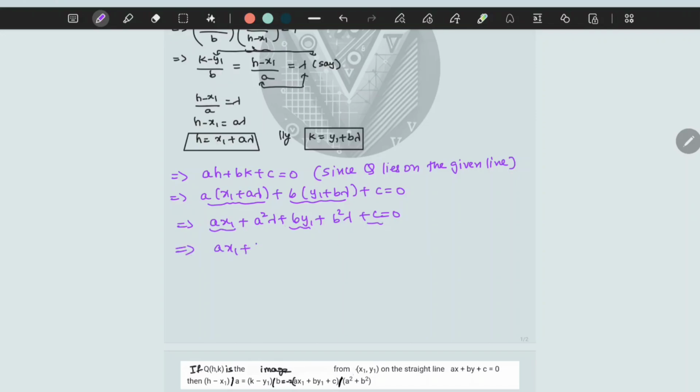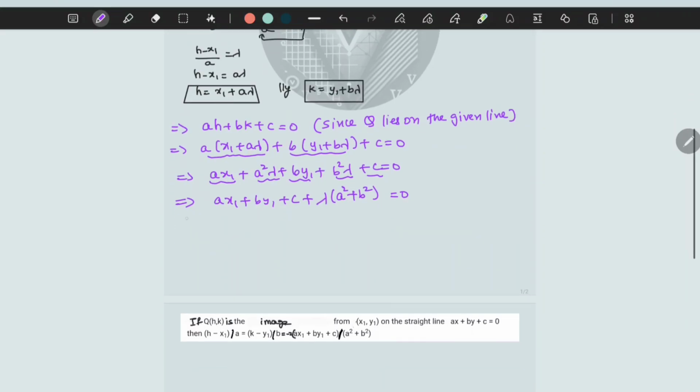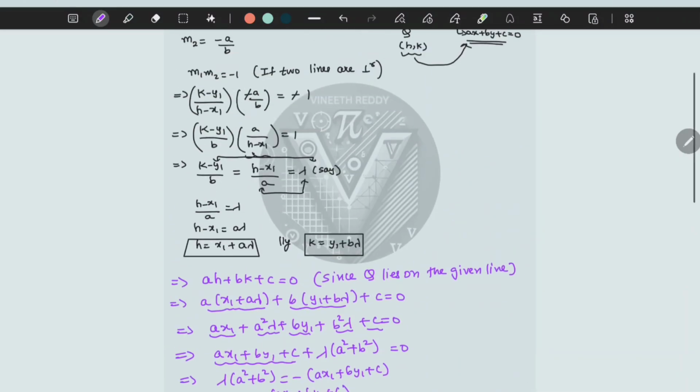We get ax1 + by1 + c, and from the remaining terms, if I take lambda common, I get lambda times (a² + b²) = 0. Now let us send this term to the right hand side. So we get lambda(a² + b²) = -(ax1 + by1 + c), and therefore lambda = -(ax1 + by1 + c)/(a² + b²).